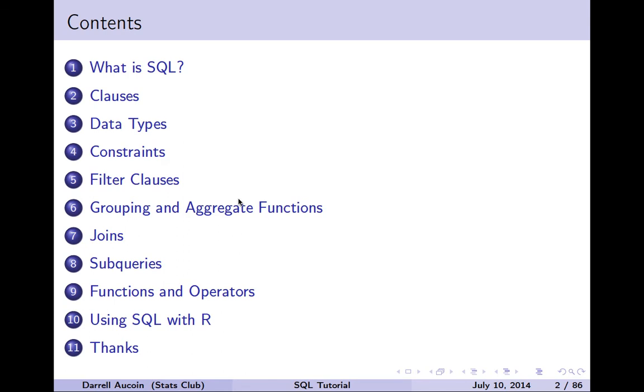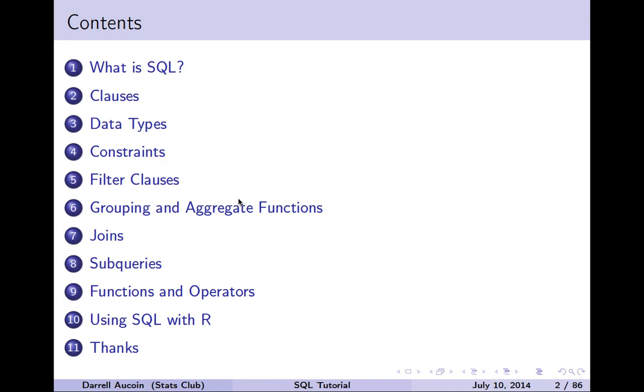So, basically, what is SQL? That actually should be statements there instead of clauses. What are the data types in SQL? A brief understanding of what constraints are, what the filter clauses are, like where, having, grouping and aggregate functions, the group by clause basically, how to join up the various different tables, subqueries.